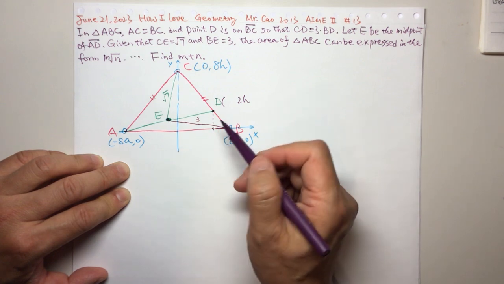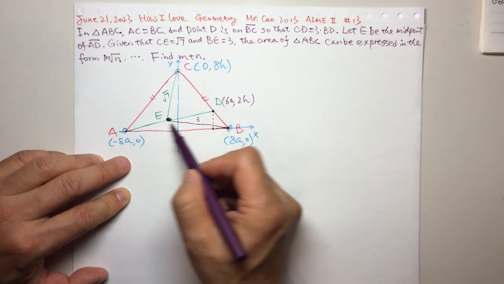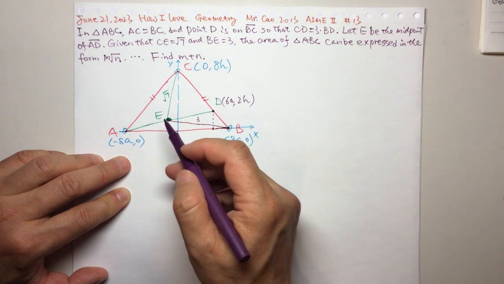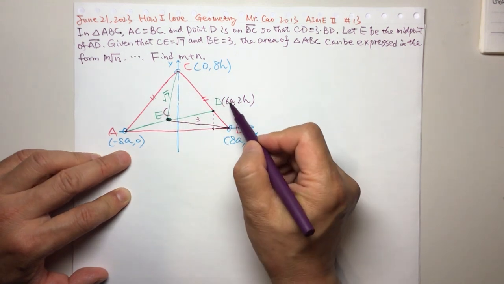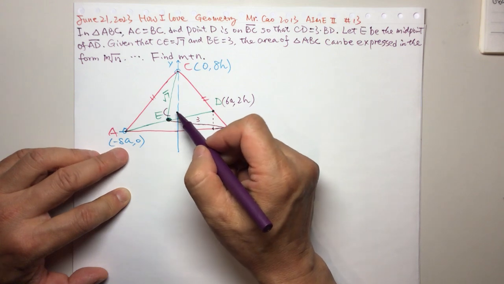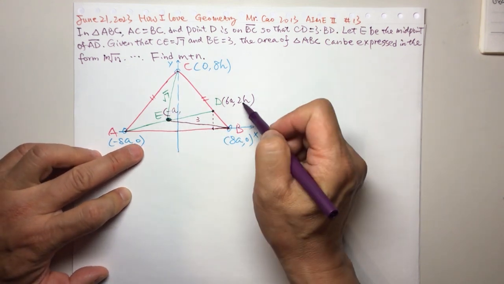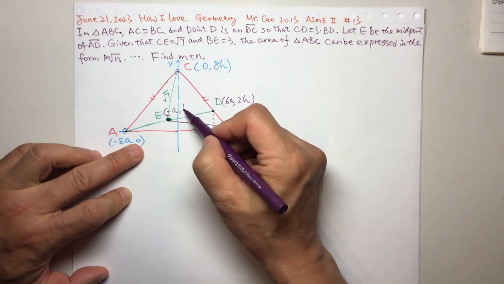So here 6a, right? And now we find the midpoint E. Putting them together, 6a minus 8a is negative 2a, divided by 2, negative a, and 0 plus 2h divided by 2 is h.